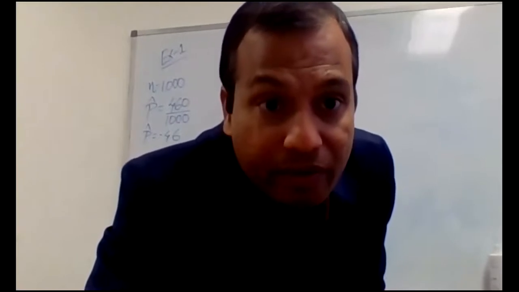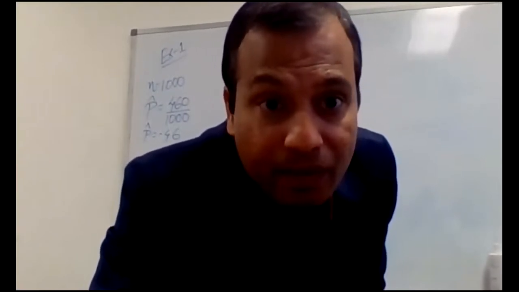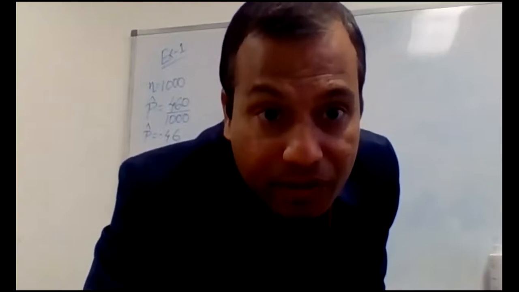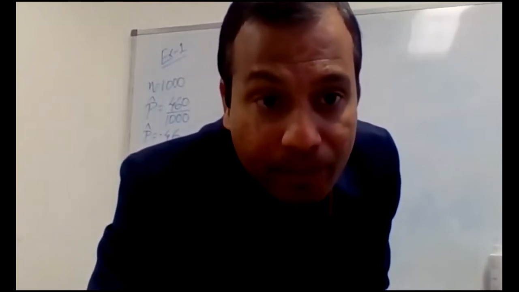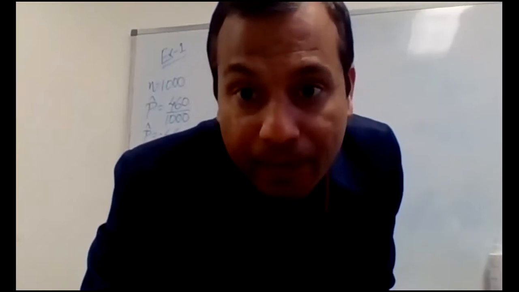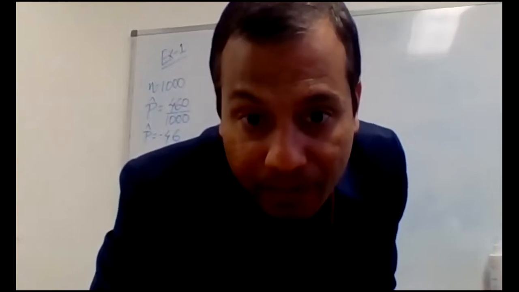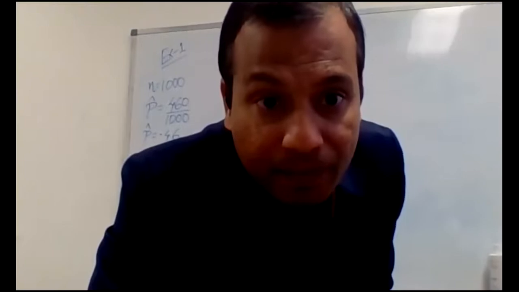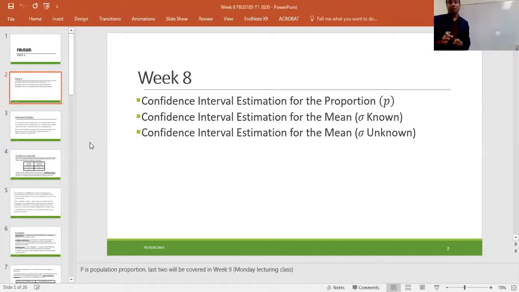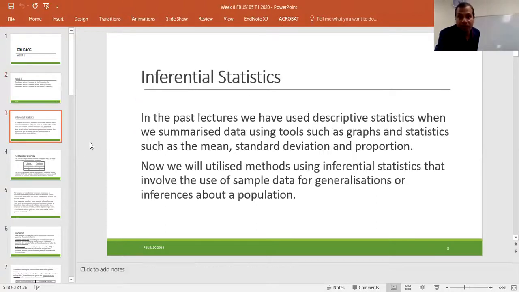So if we go back and recall what 5 stages we have, let me take you to that slide for a quick revision. It was slide 8, I think, week 8. So we started in week 8, the confidence interval is estimation for the proportion.